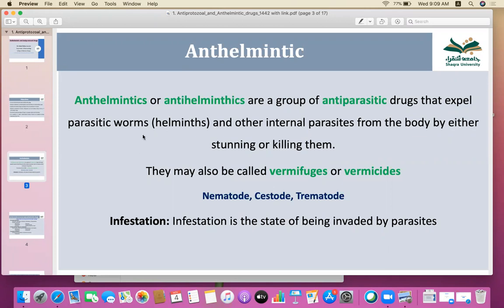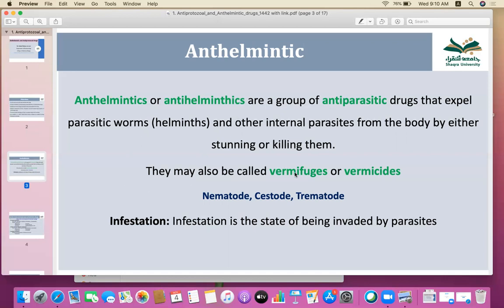So, how many names for anthelmintics do we have here? Commonly, anthelmintics are also called anti-helminthics, a group of anti-parasitic drugs which kill the parasitic worm.